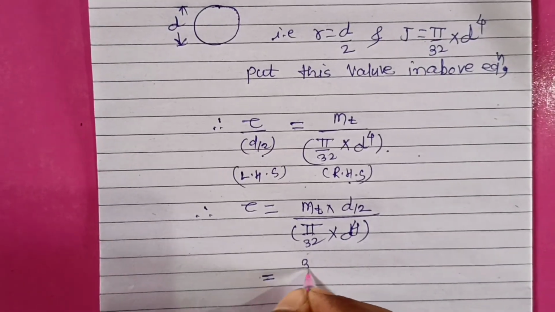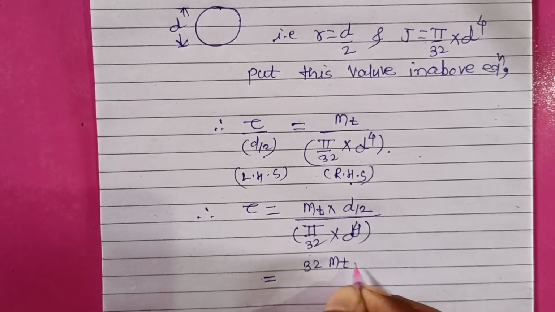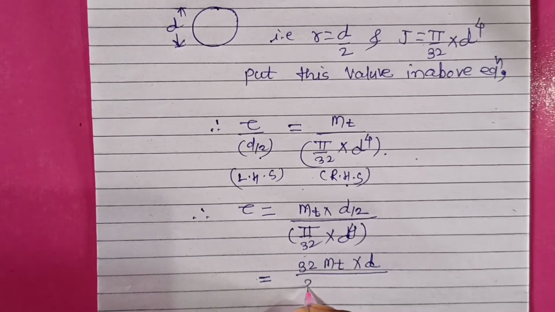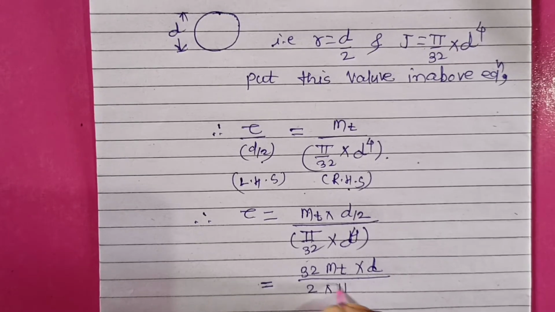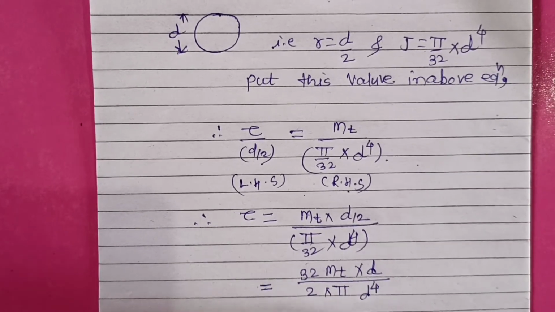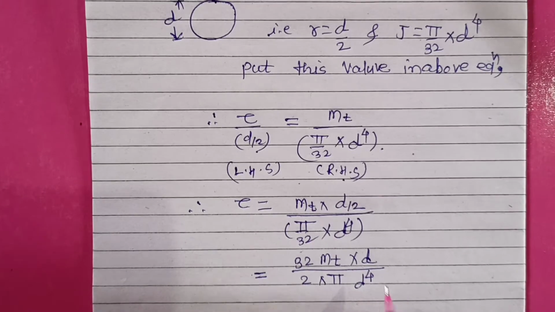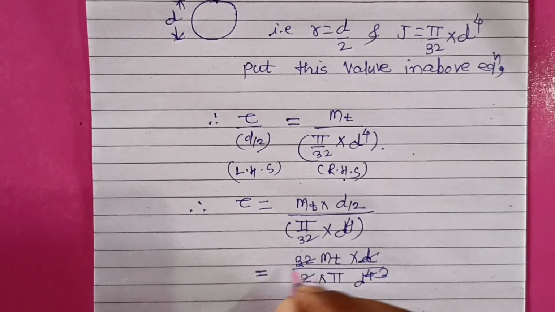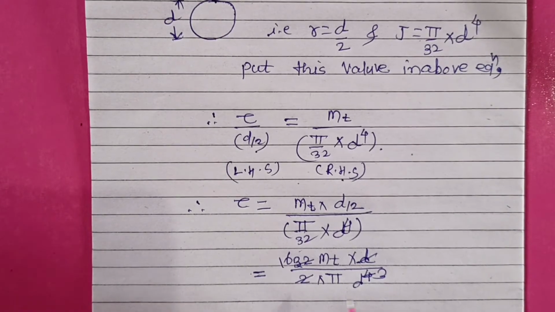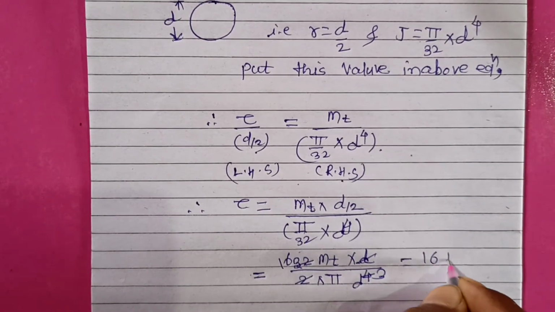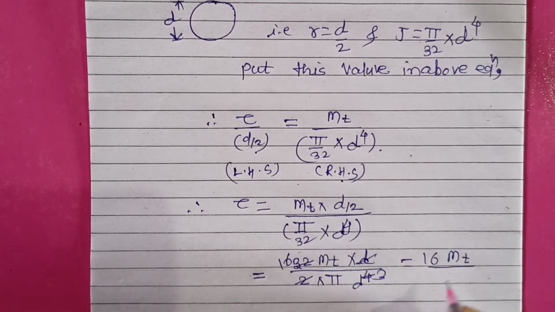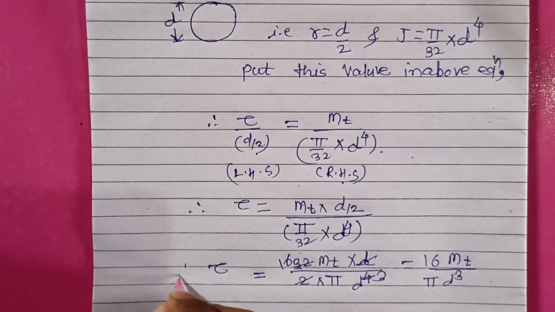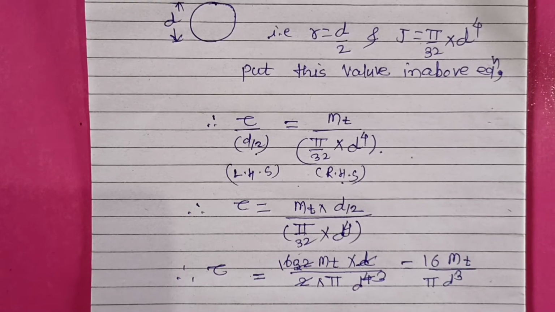Rearrange the terms once again: 32 Mt into d divided by 2 into pi d raised to 4. Now see here, one d gets cancelled, then 32 by 2 is 16. Now the formula is 16 Mt divided by pi d cube, and this formula is for torsional shear stress.